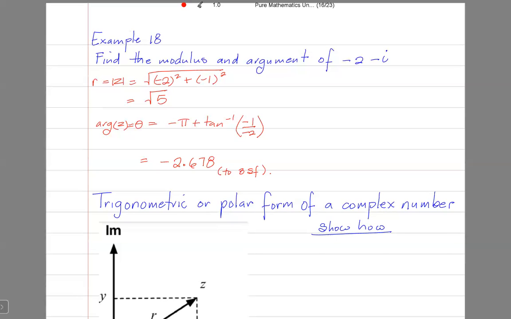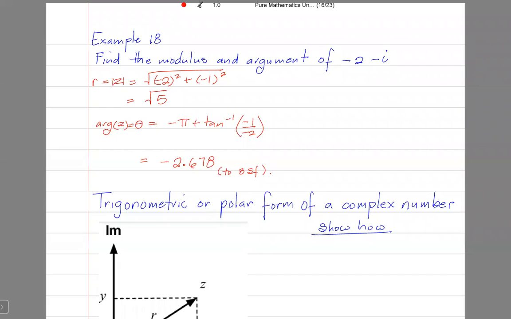Plus, shift again, tan, open bracket, -1, which is the imaginary part of the complex number, divided by -2. Don't use the over sign. I don't know if it'll give you a problem, just use the divide. Then close bracket, then press equal.